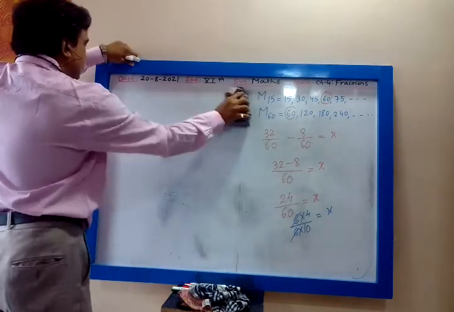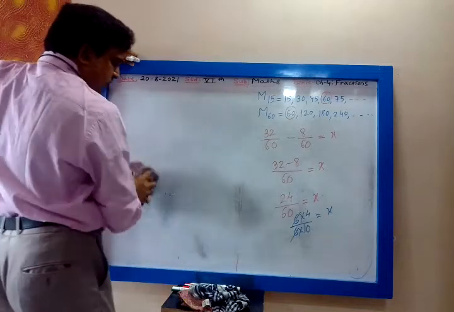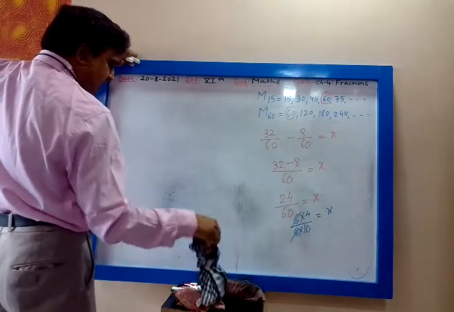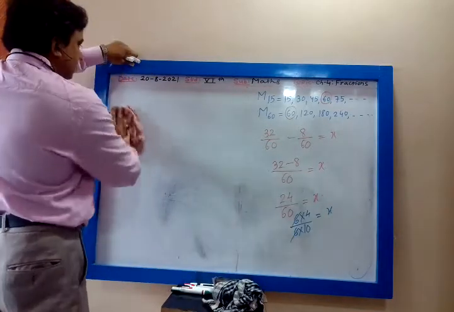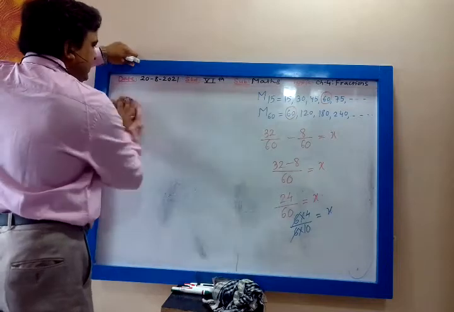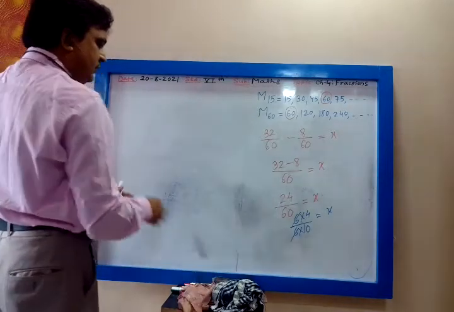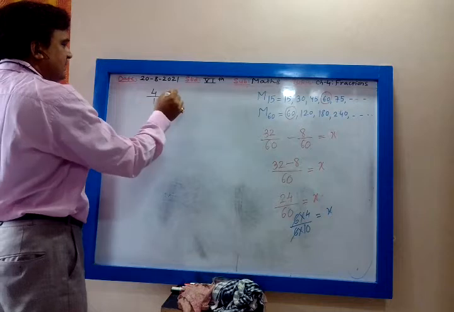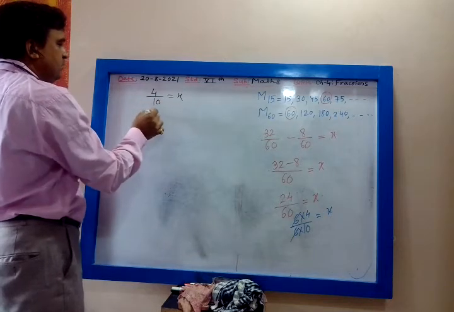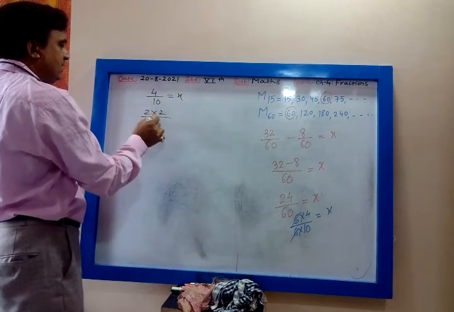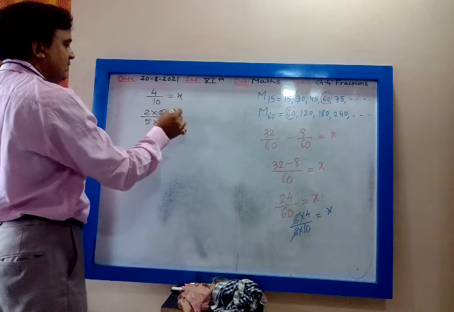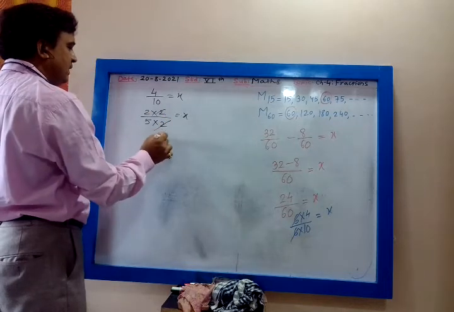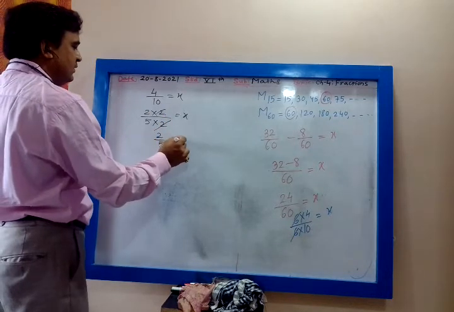If there is nothing common in the numerator and denominator, then you stop. Cancel the common factor of numerator and denominator. So 4 by 10 is equal to x. 4 is 2 twos, 10 is 5 twos. The 2s get cancelled. So the answer is 2 by 5 is equal to x.